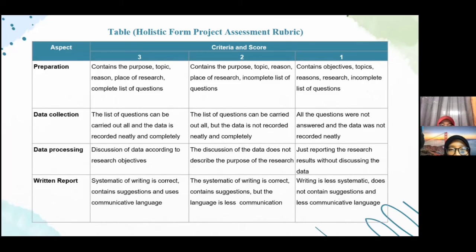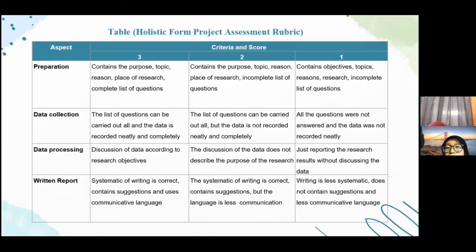And for all aspects, we have the criteria, and you can see on the screen like that. Maybe for example again, in the written reports, the criteria are systematic writing is correct, content suggestion, and use of communicative language.